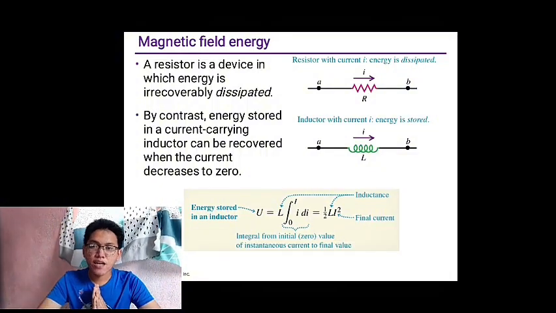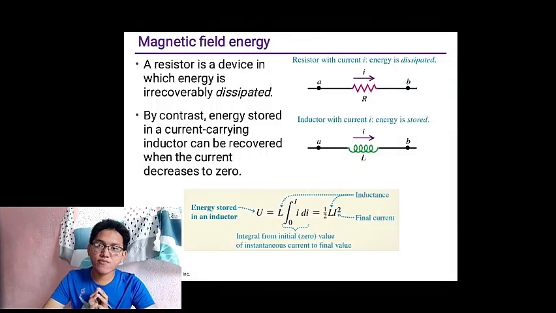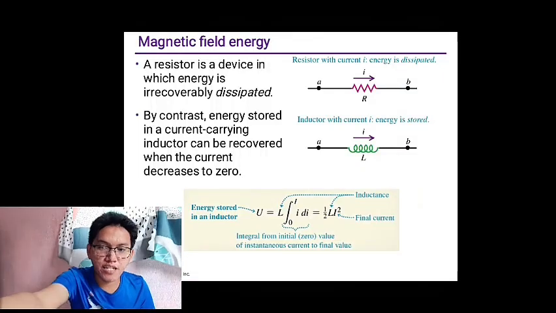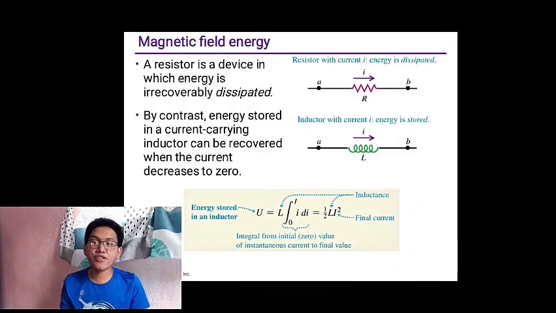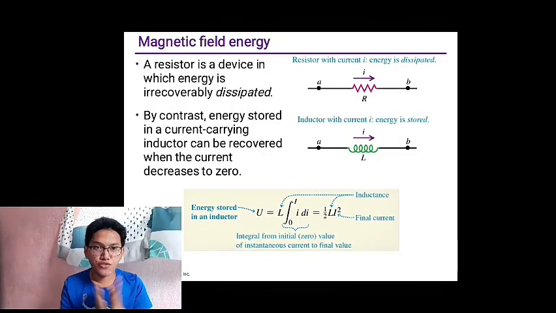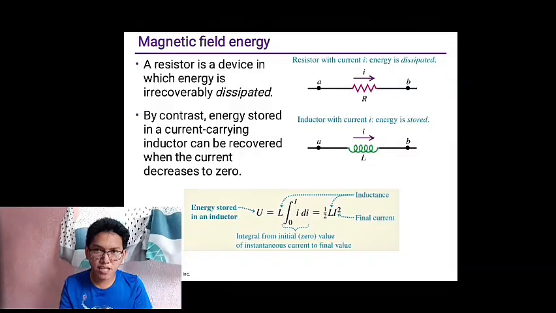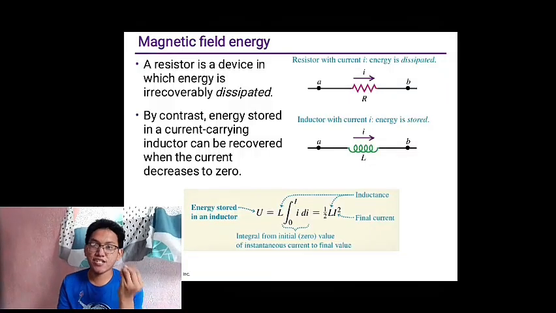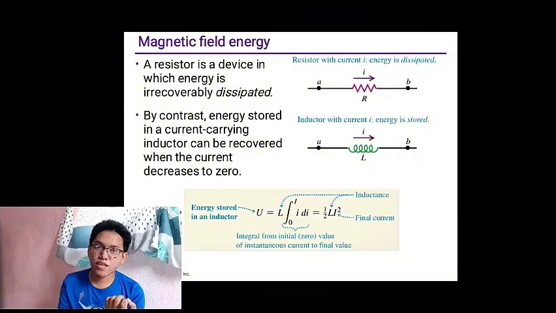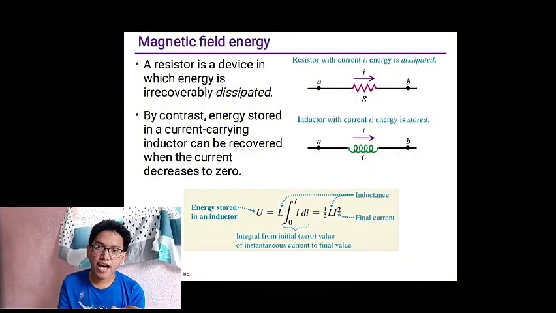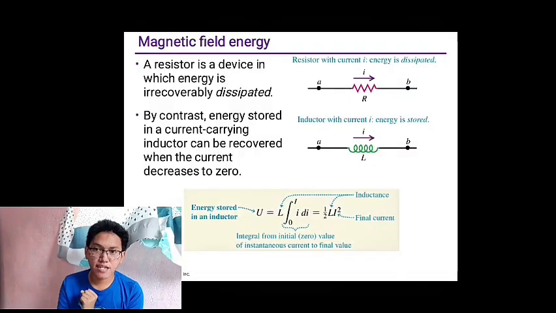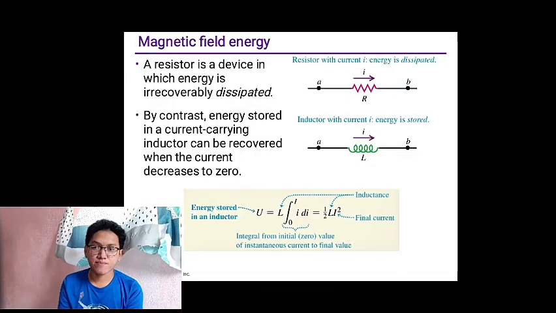So this is the formula for the energy stored in an inductor. U is the energy stored, measured in joules. U is equal to 1/2 L I squared. What is L? L is inductance and I is current in amperes.